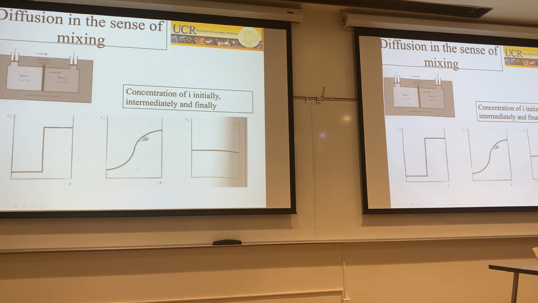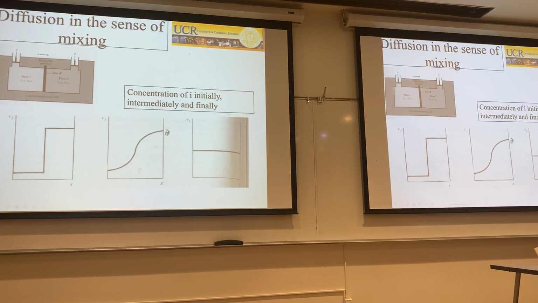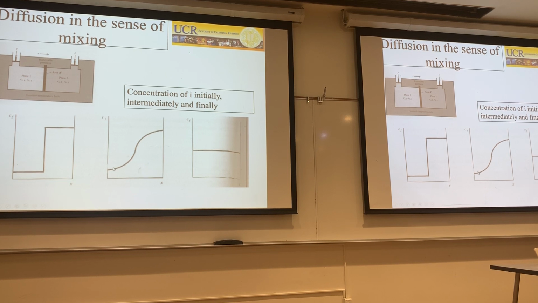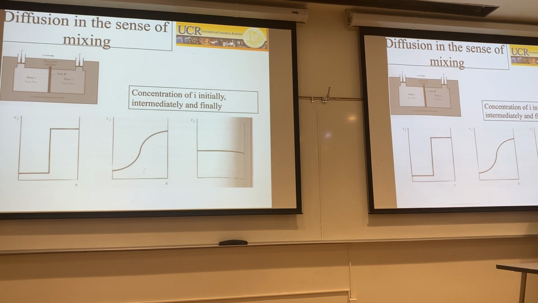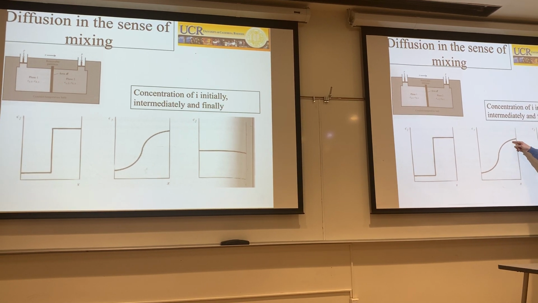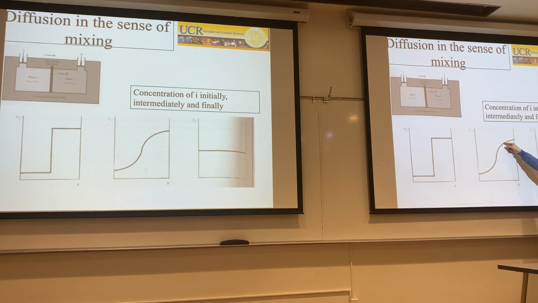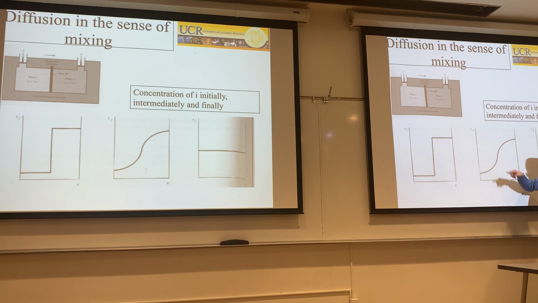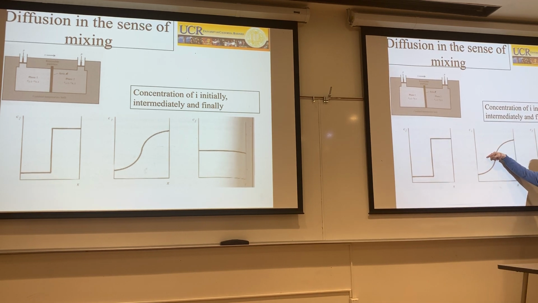And then over time, at this now only imagined cross-section, some particles from the right move to the left, and other particles from the left move to the right, and we get a concentration which becomes more gradual, and over time it will be even on both sides. So I have a flux of material from the right-hand side in the opposite direction of the slope. The slope is going to the right, the material is moving to the left, correct?